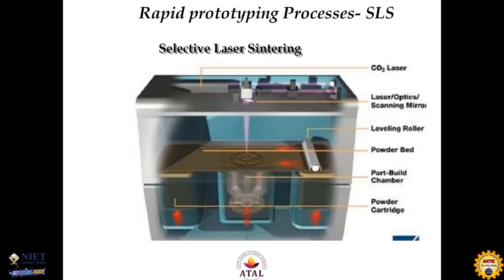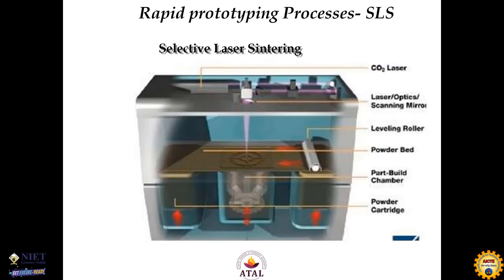What is the sintering process basically? Sintering is heating the powder below its melting point. There is no melting in this process, and the powder joins together. By scanning the complete layer using this CO2 laser, the first layer is created, and the powder is converted into solid form joined with each other.